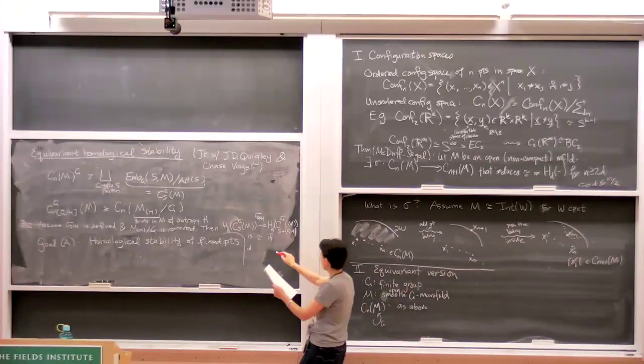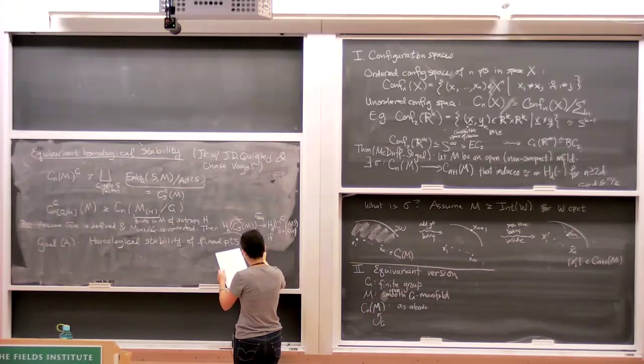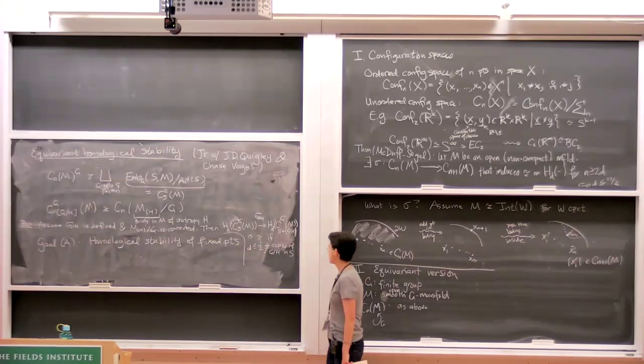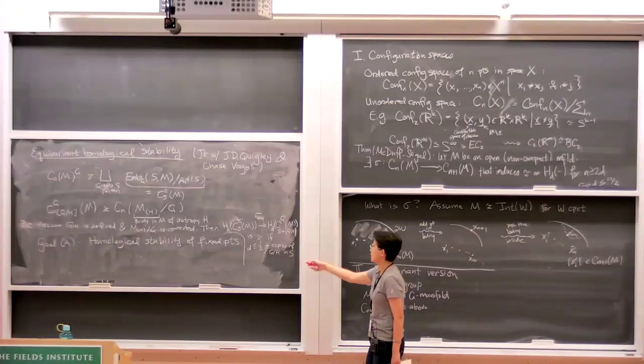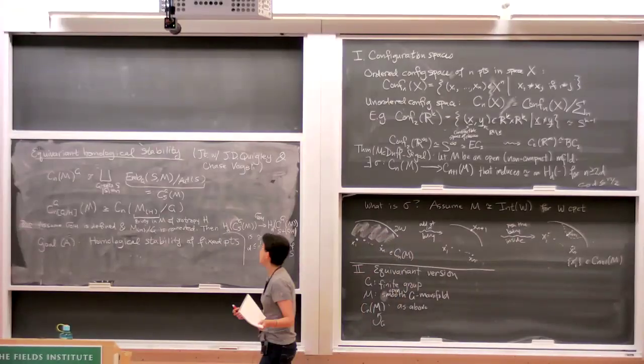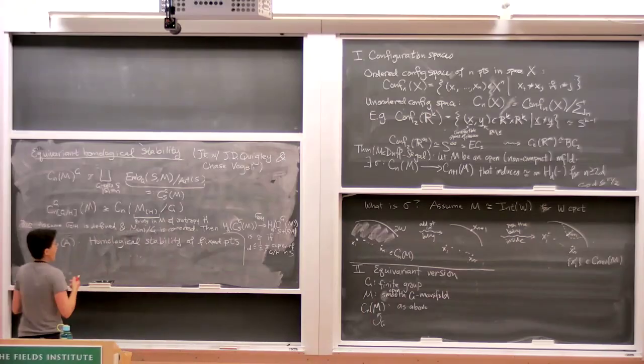It's easier to state this in terms of d. D is less than or equal to 1/2 times the number of copies of G mod H in S. So it doesn't depend on the size of S. This is only sensitive to the G mod H orbits. And so that's where this bound comes from. Okay, so that is like a homological stability statement.